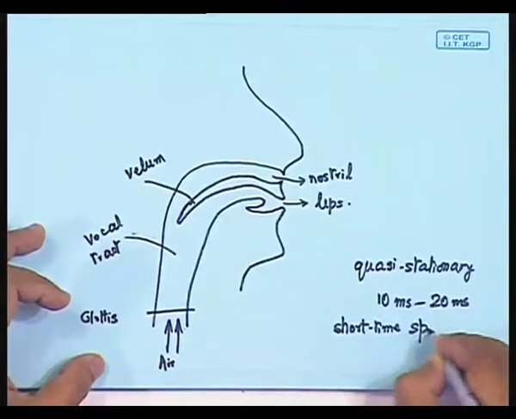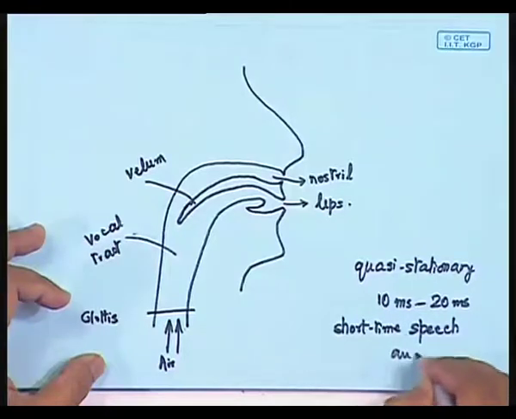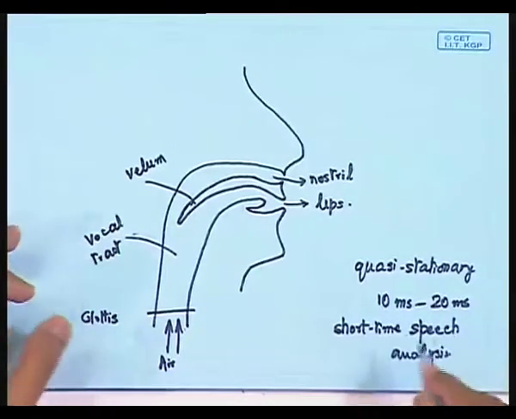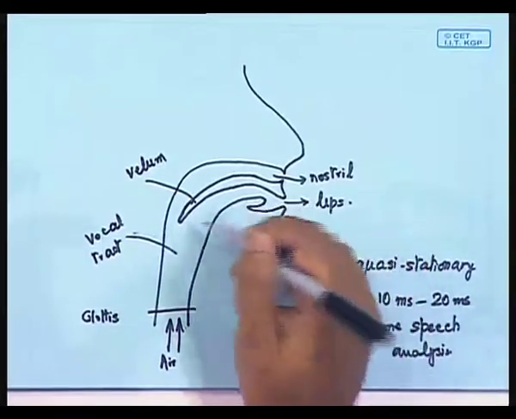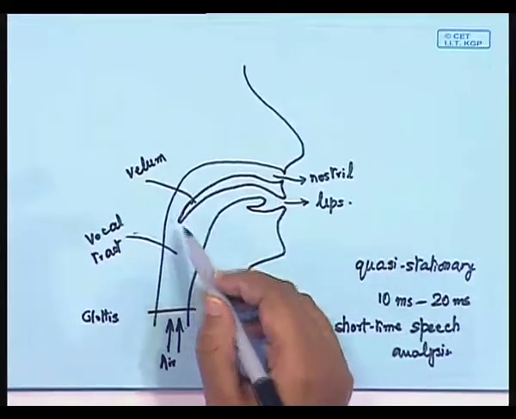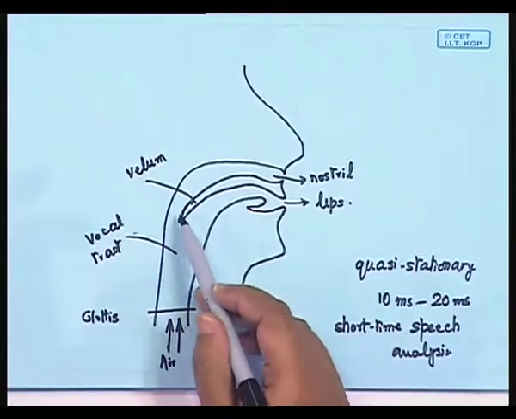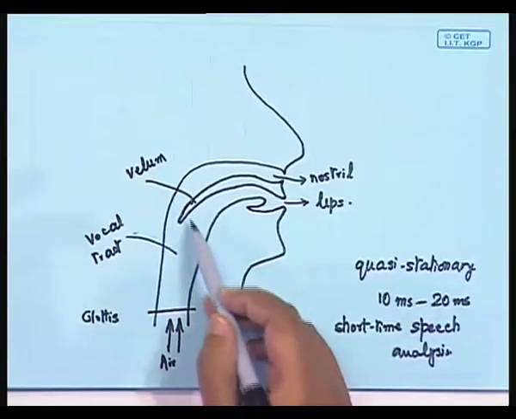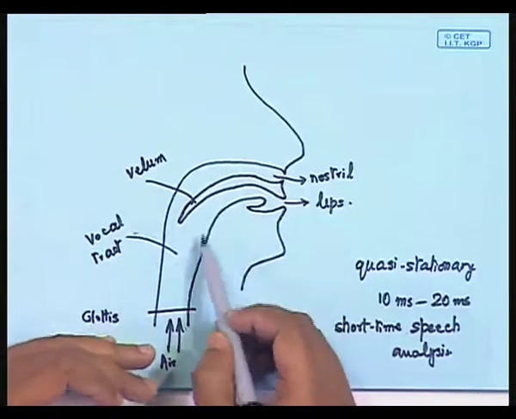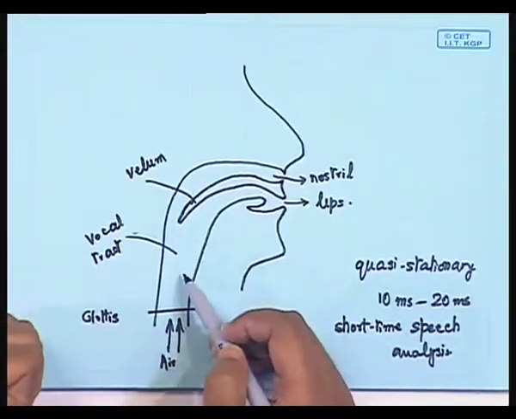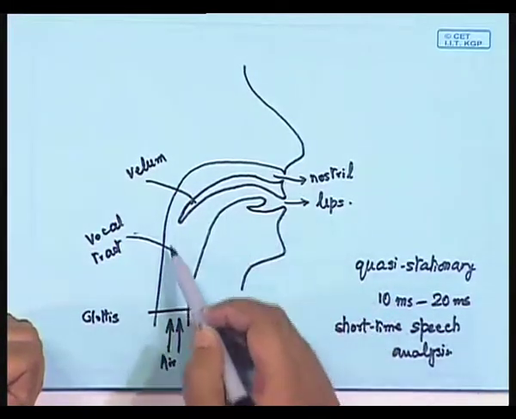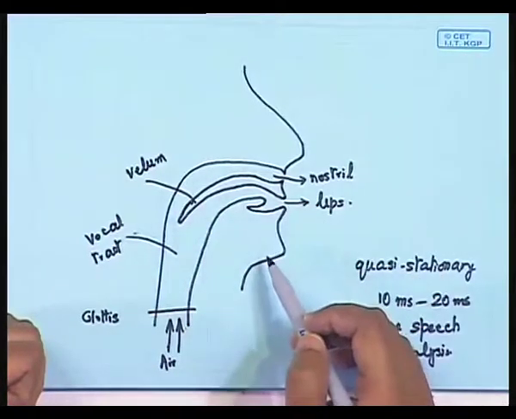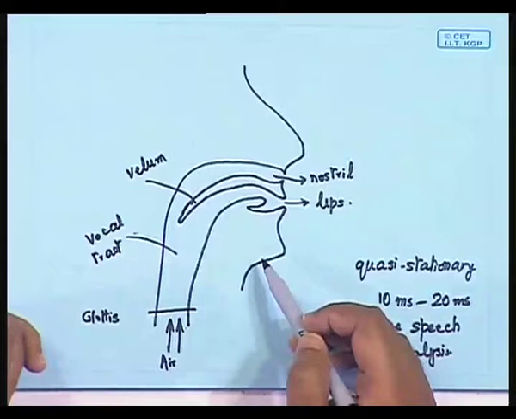So short-time speech analysis is usually done, and then with the air flow, we can use our velum. We can articulate that in order to produce some constrictions. If we try to lower the velum, then effectively we are blocking the air flow from the vocal tract region up to the lips, and instead we are making an opening more towards the nostril passage, so that nasal sounds are emitted.